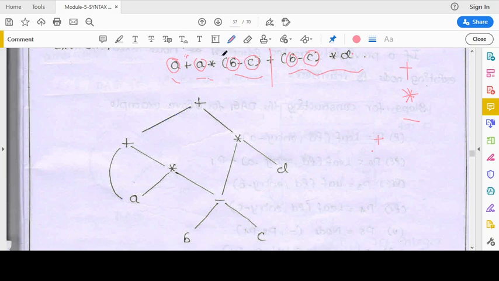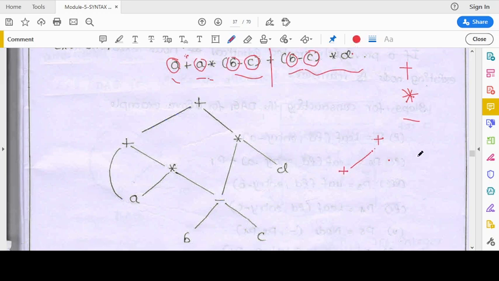Minus is also one operator which it can see, but star and plus are the major ones which this root node can see. So this plus's left is this complete expression, leaving this as it's a common expression, it sees this plus. So plus is viewing another plus.